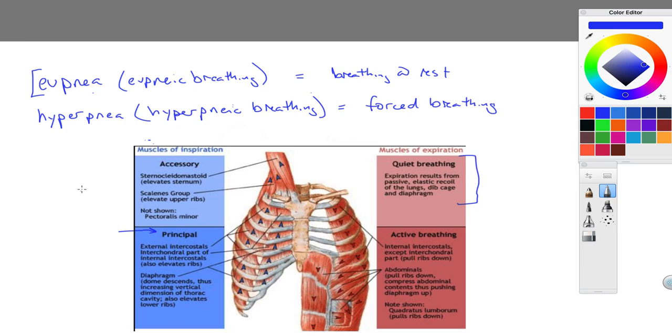You'll note now that when we start talking about hyperpneic breathing, a couple different ways to say that, we have to add new muscles. We have to add these accessory muscles, right? And this is the reason why.